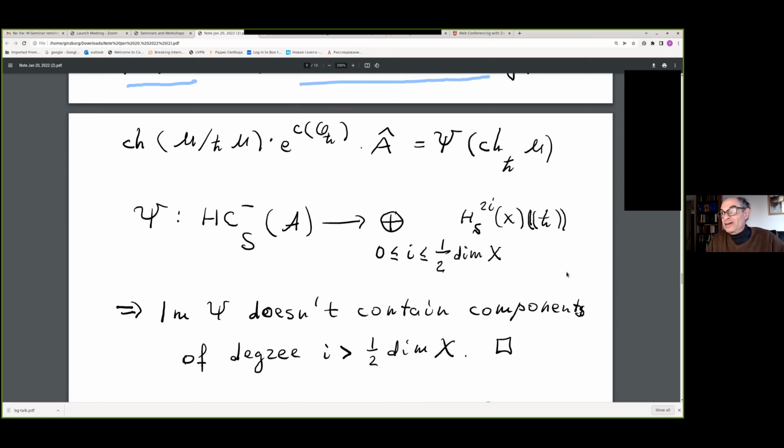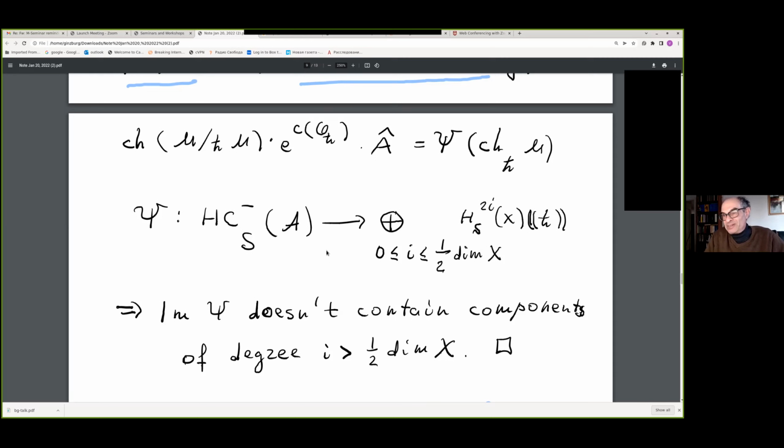Namely, we know by the formula that the usual Chern character of my quantum M divided by H bar is related to the quantum Chern character by this formula involving this A hat, Hirzebruch genus, and this exponential. But now psi is a map from the negative cyclic homology of the quantum algebra to the usual cohomology of X. But by the main theorem, the negative cyclic homology of the quantum algebra just does not live in some degrees.